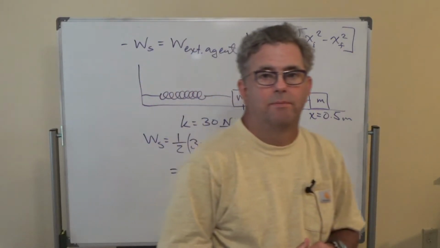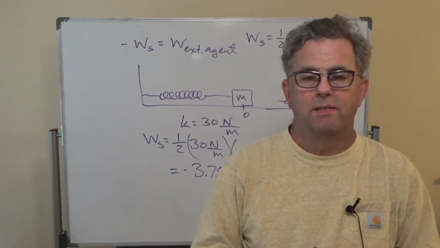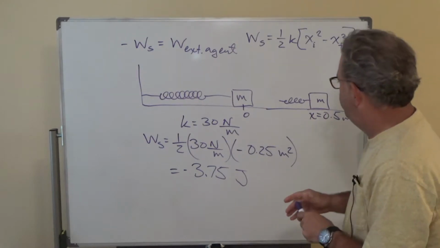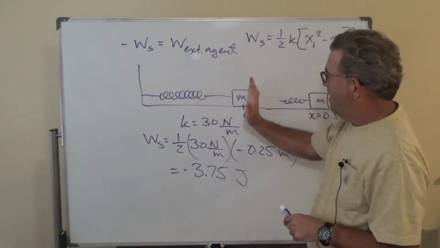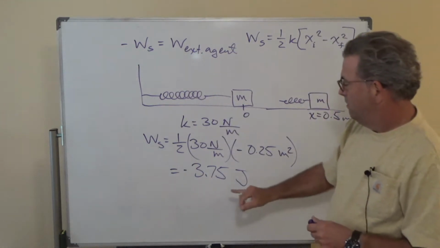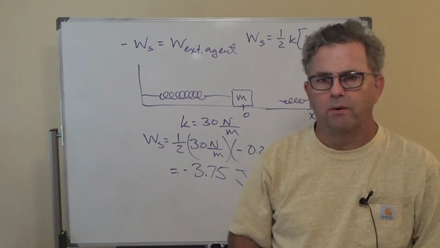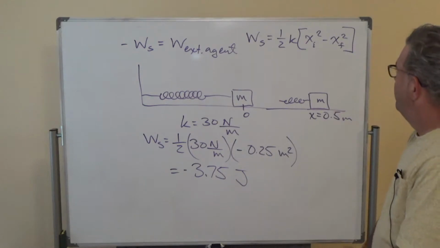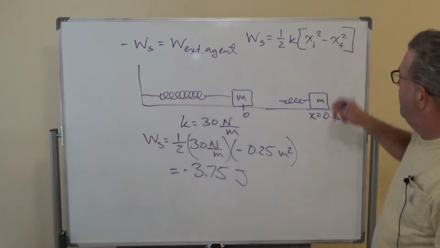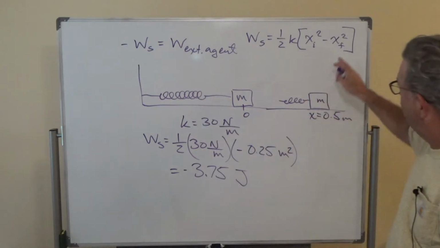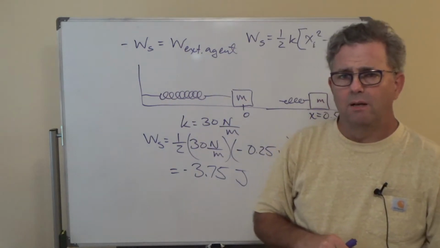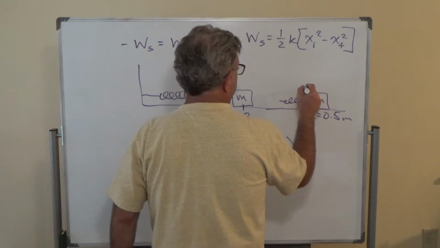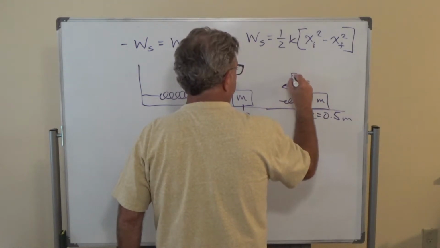Why negative? Why is this negative? Not compressing it. Yeah, well, if you compressed it, you would still have a negative amount of work done by the spring, right? Because x final squared, although x final is negative, you square it, you still get a positive. What I'm after is all along this motion, the spring force was this way, was it not?